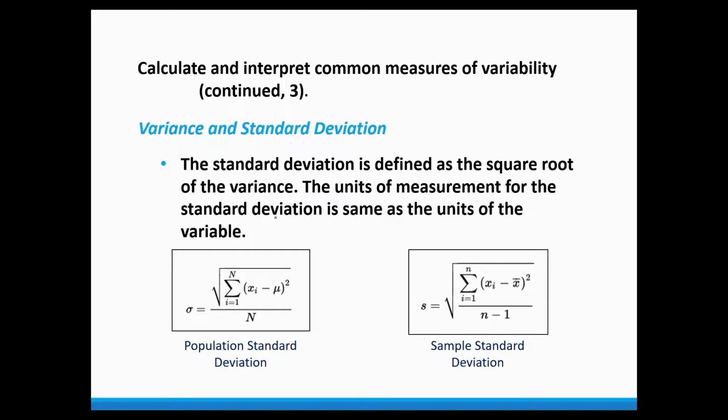Of course, as I've said, the standard deviation is just the square root of sigma square if we are calculating the variance of the population, and it's the square root of s square if we are calculating the standard deviation of the sample.